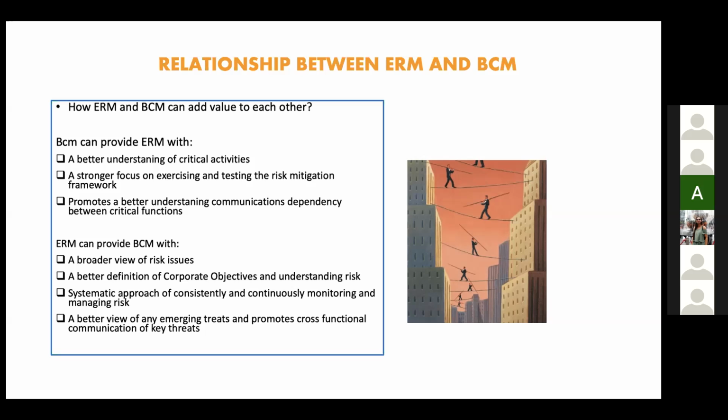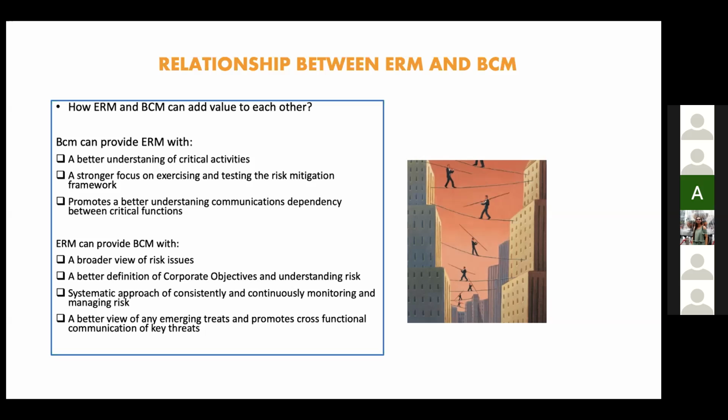ERM can provide BCM with a broad view of risk issues, a better definition of corporate objectives and understanding of risk, a systematic approach of consistency and continuously monitoring and managing risk, and the last one, a better view of any emerging threats and promotes cross-functional communication of key threats.